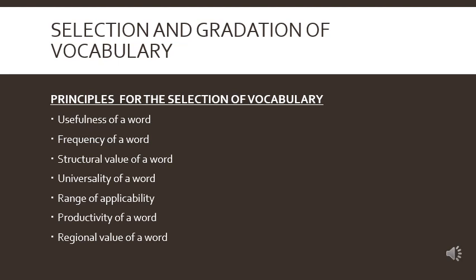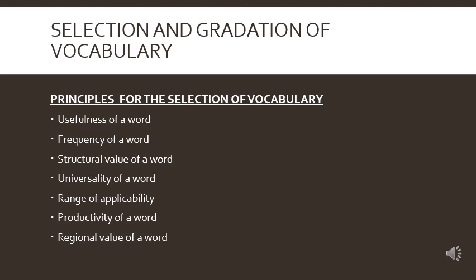The next one is range of applicability. A particular word can be used in more than one situation, and such words should be taught with different situations and with various examples. The next one is productivity of a word.